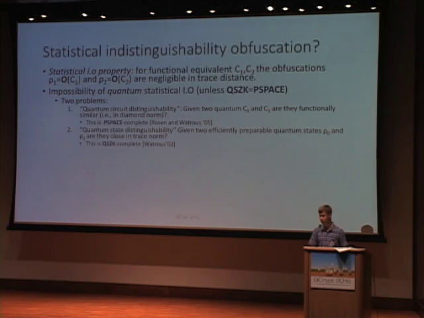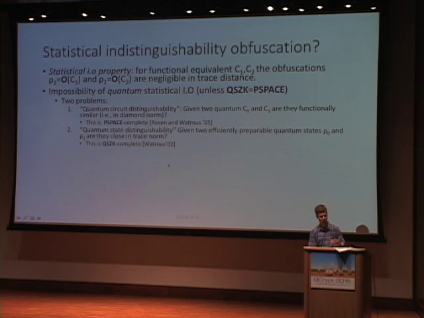Maybe I won't get into this in too much detail. The idea is very easy though. There are two problems. One is called quantum circuit distinguishability: given two quantum circuits, C0 and C1, are they functionally similar? This is a PSPACE-complete problem. Then there's quantum state distinguishability: given two efficiently preparable quantum states, rho 1 and rho 2, are they close in trace distance?